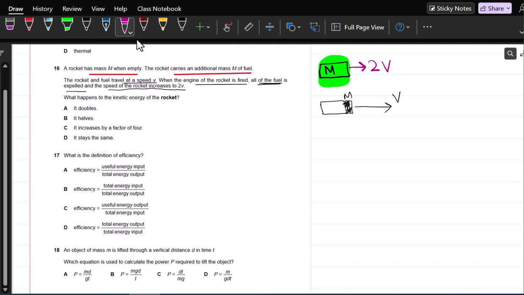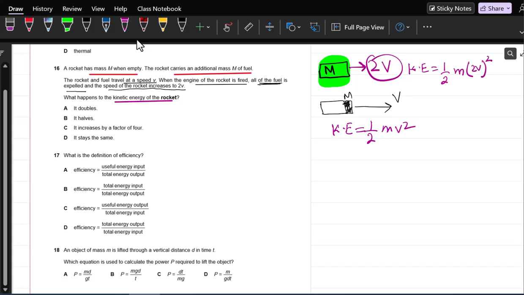So what happens to the kinetic energy of the rocket? Kinetic energy is equal to half mv square. Here it will be half m and velocity is 2v, and its square. So when you solve this, it will be 1 over 2 m times 4v square.